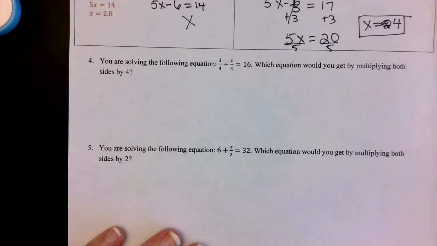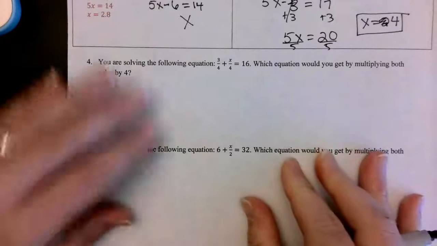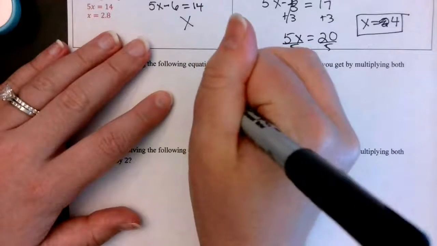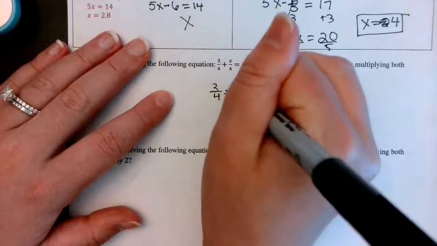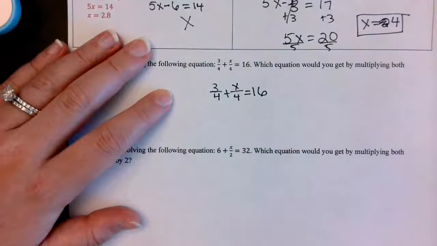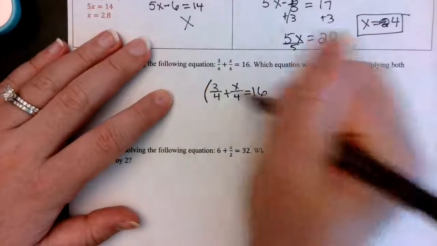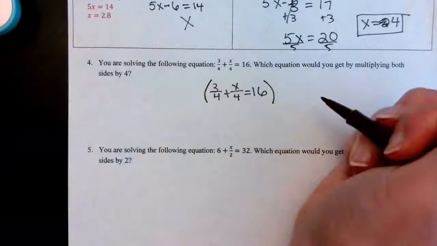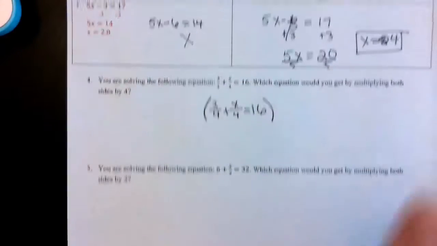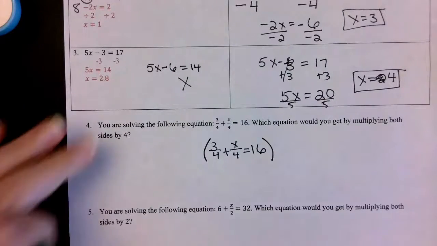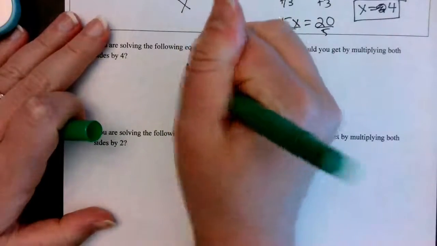In number 4, it says you are solving the following equations. 3/4 plus x over 4 equals 16. Which equation would you get by multiplying both sides by 4? So I'm going to write 3/4 plus x over 4 equals 16. And it wants you to multiply both sides by 4.